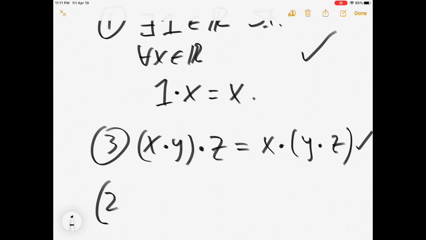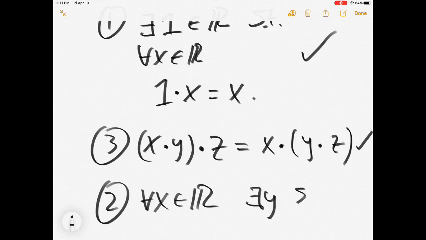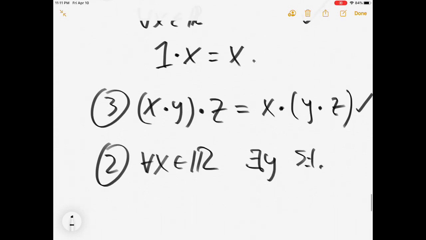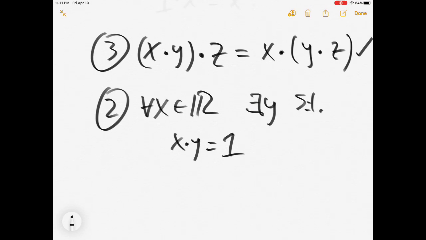Where we get into trouble is property 2. Think to yourself, is it true that for all x in the real numbers, there exists an element y such that x times y is equal to 1, the identity element? So what if x is equal to 0?